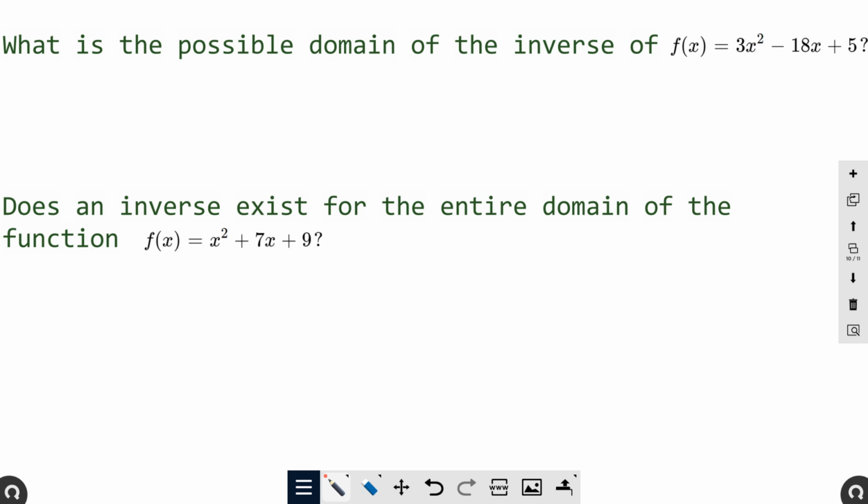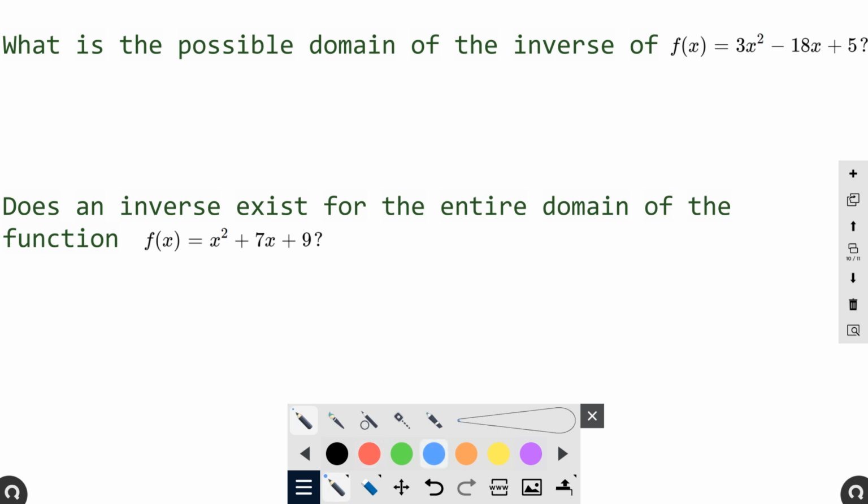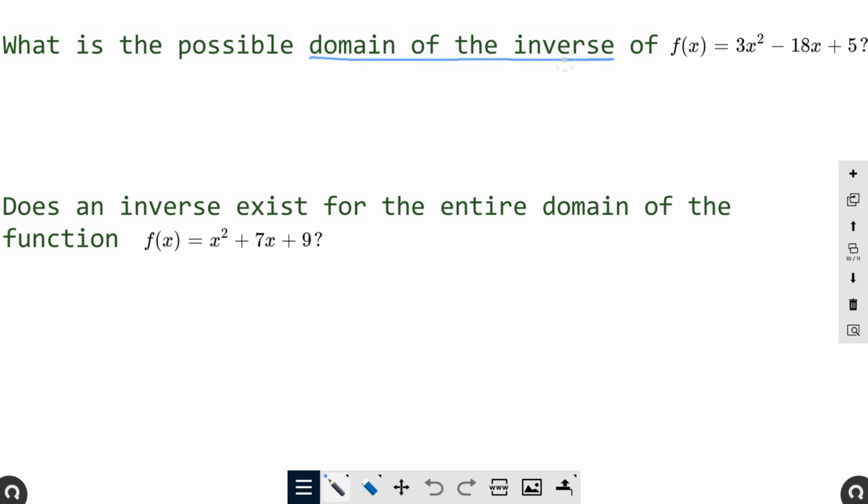Well, remember, the domain of the inverse is the same thing as the range of the original.